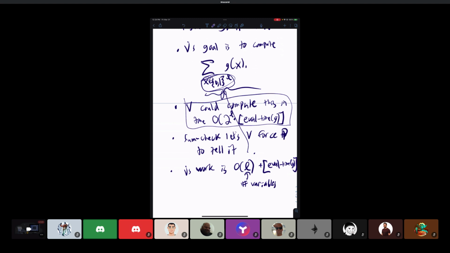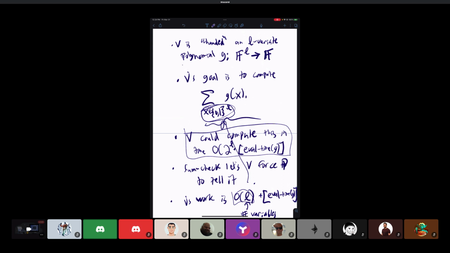Okay, some quick comments here. This order L is really something like L times the degree of G in each variable. So I should have said, for concreteness, let's assume that the degree of G in each variable is 2. That'll be the case in many of our applications of sum check. So G might have many, many variables, think 100 variables, but the degree of G in each variable is 2.